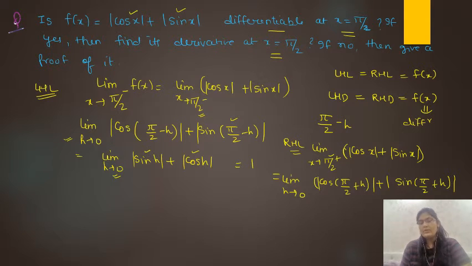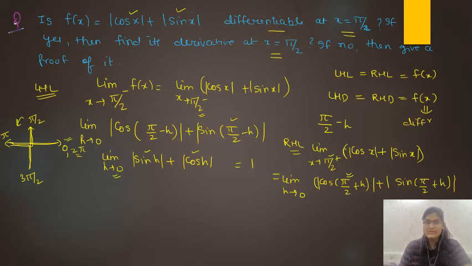So first of all, for cos(90 plus theta), I would like to tell you about the Cartesian plane. See, this is your 0 degree, then this is 90, this is 180. If you add again 90, then this is 270, that means 3 pi by 2, and this is 360, that means 2 pi. Now you have to find out pi by 2 plus h.